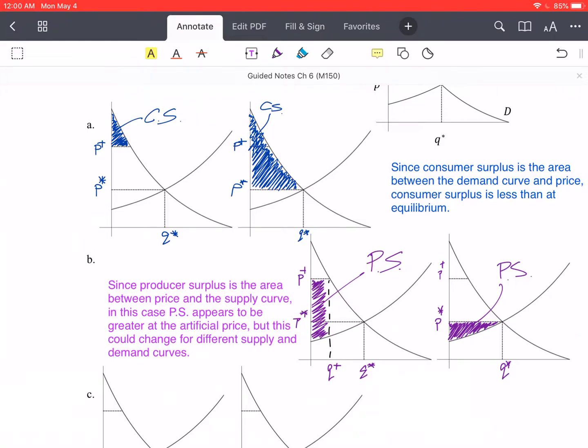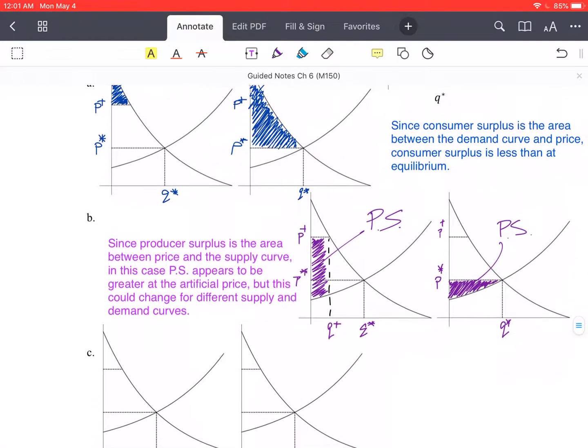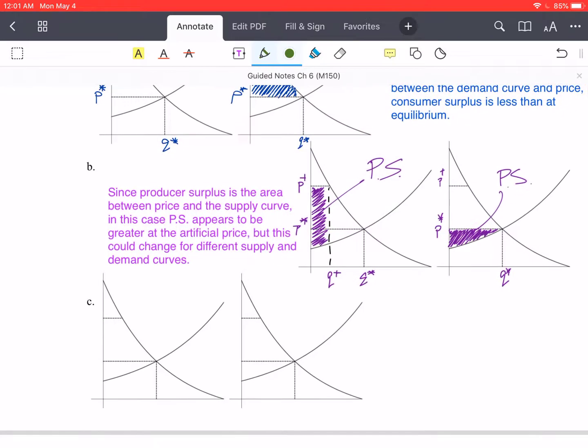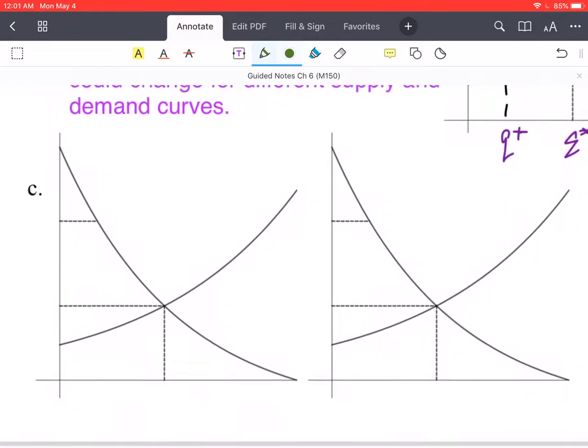Okay, so now when we look at total gains from trade, that is, like I said, consumer surplus plus producer surplus. So in this case, let's look at normally our total gains from trade.